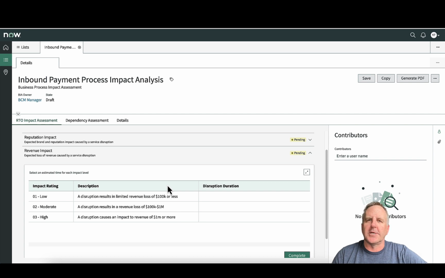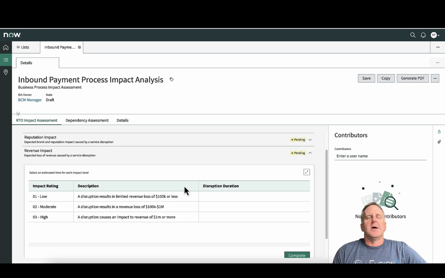But it doesn't necessarily tell the whole story. So you really have to think about the time component. So it's not just a disruption or an impact of minor, moderate, or severe. If you have a disruption, that impact grows over time.